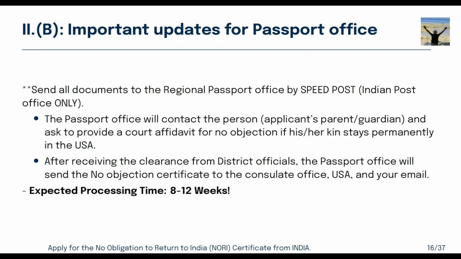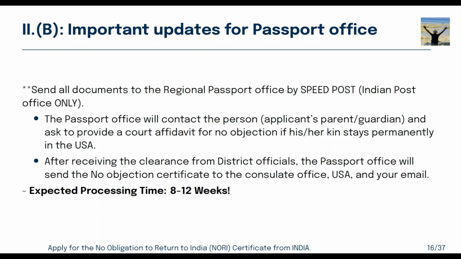Usually it is a standard format which you will get at your local judicial centers, right? So mostly the contents are like, my son or daughter has not taken any loan, and if they are willing to stay in USA, I will have no problem.